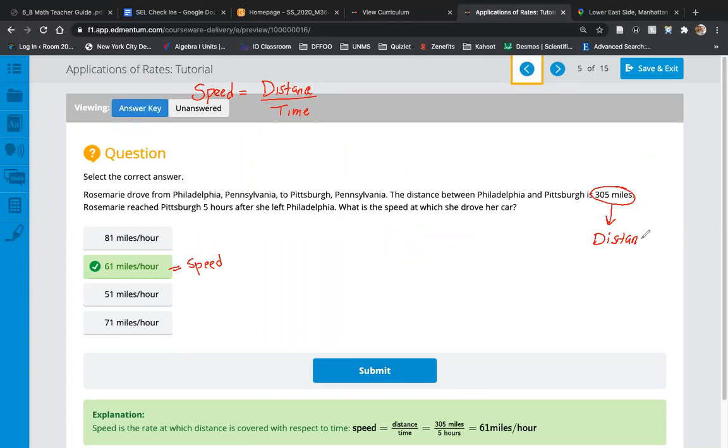I can use this information, how far I need to go and how fast I'm going, to figure out how long it's going to take. That would be a different question: a car is driving for 305 miles, traveling at 61 miles per hour. How long does it take to get there?